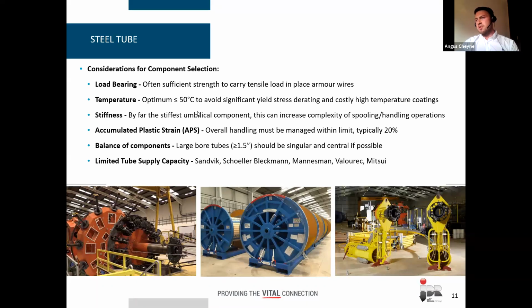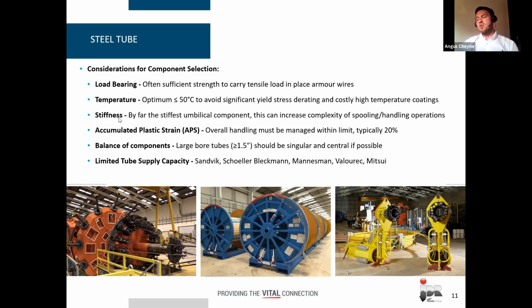In terms of temperature, ideally you want to keep it below 50 degrees Celsius, as otherwise the yield stress needs to be derated. And also, more importantly, there may be a requirement for high temperature coatings, because the tube may introduce crevice corrosion at higher temperatures. And a key consideration is the stiffness.